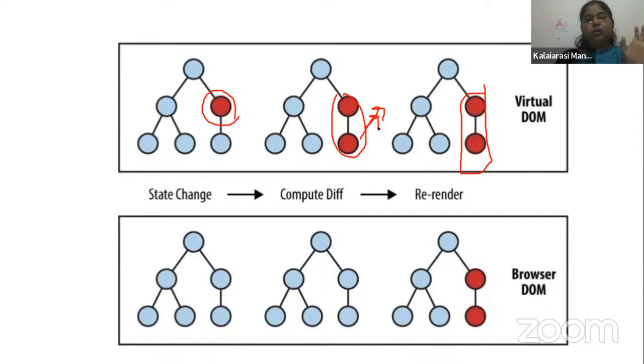There are two different places in the view where the same data is being posted. If you observe Amazon websites, you can find the name of the product in two different places. Now, let us suppose in that product page, I have changed the name of the product to something else, like Samsung M2M new edition. That same change has to appear in the two places in the view. So this is your computed difference. Then you have to render this, and this is where the virtual DOM actually functions.